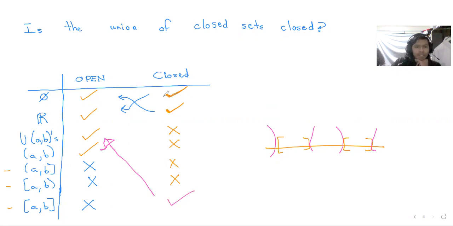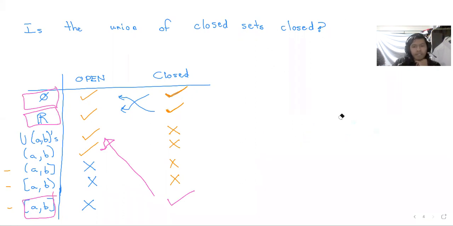And now the union of these three sets, the empty set, the real numbers, and the interval with brackets, I'm sure that this interval would be a subset of the real numbers.